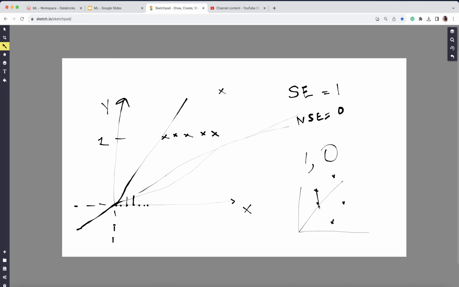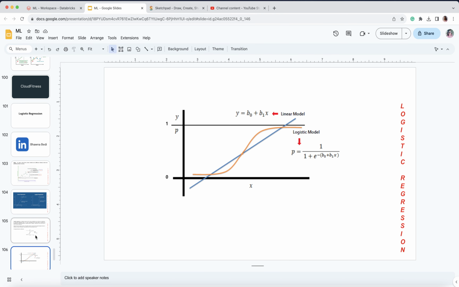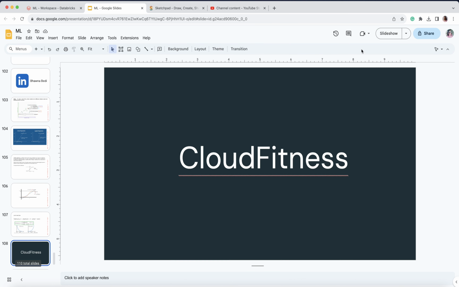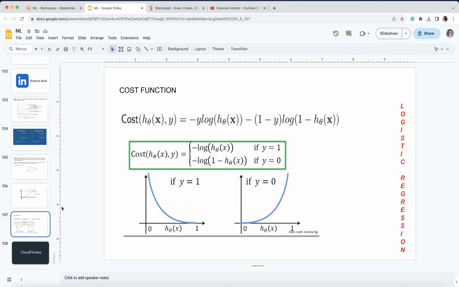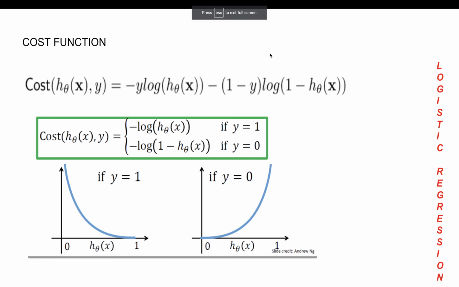The difference between these actual values and your predicted values would be this. Now we wanted to minimize it, correct? To do that, what we created eventually in linear regression was the cost function, and our basic idea was to minimize the cost function. In a similar way, even for logistic regression, you have this as the cost function.